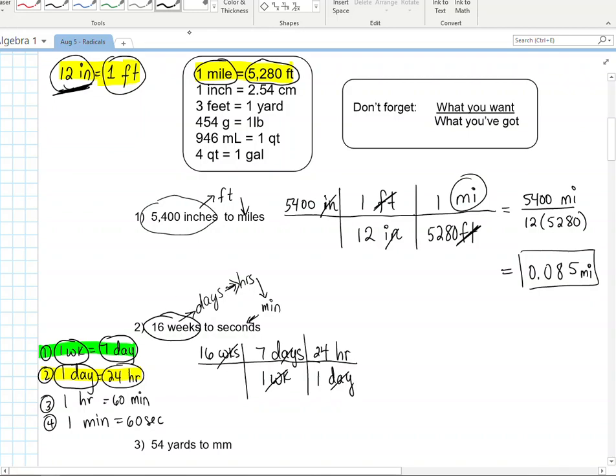Now we have hours. Now we need to use this one, to go from hours to minutes. Same thing, 1 hour, 60 minutes. Since we are trying to get rid of hours, the part that has the hour goes on the bottom, the 60 minutes goes on top. And then the last one, 1 minute, 60 seconds.